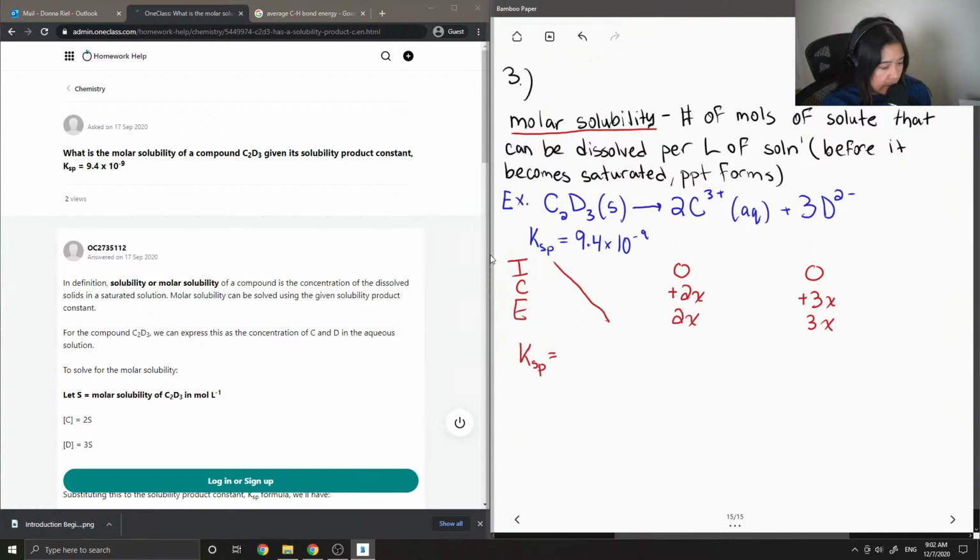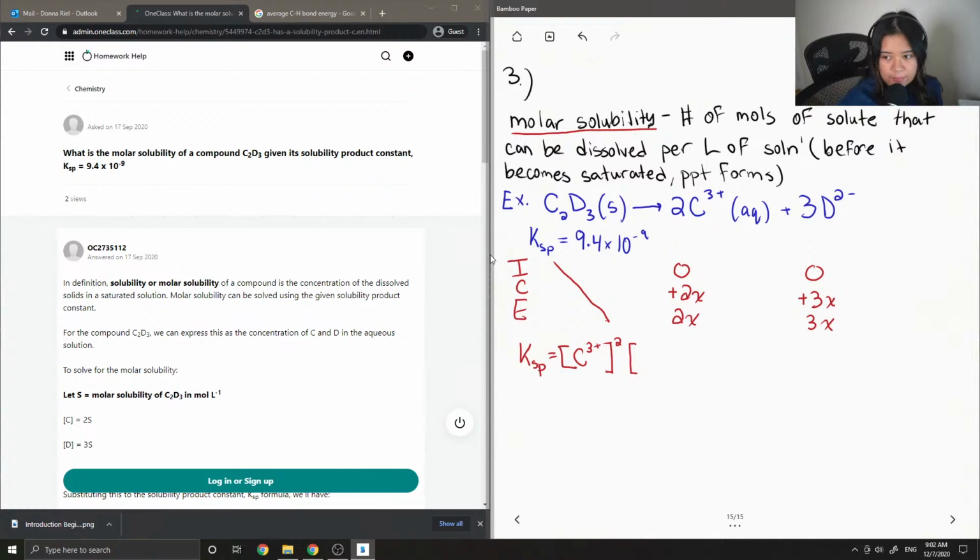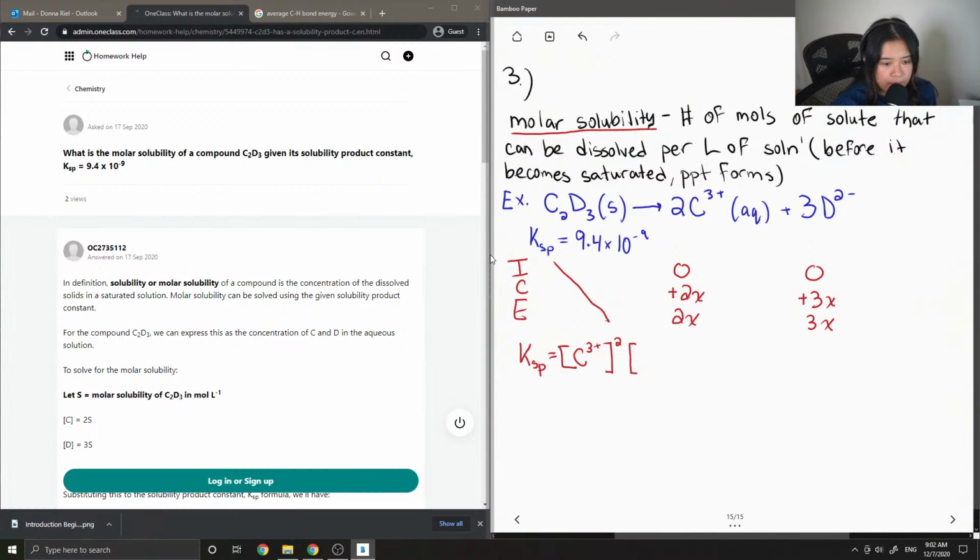So for this question, Ksp is equal to the concentration of C3+ to the power of 2. Again, this also depends on our balanced chemical reaction. And our concentration of D2- is going to be to the power of 3.